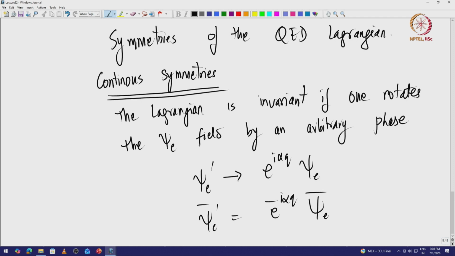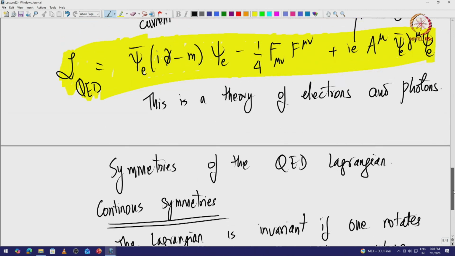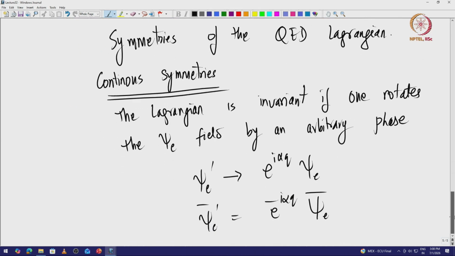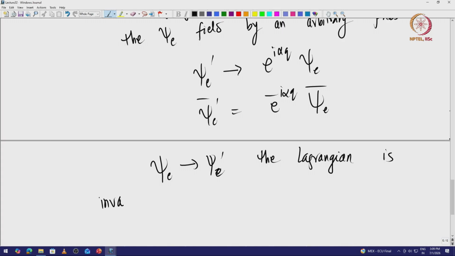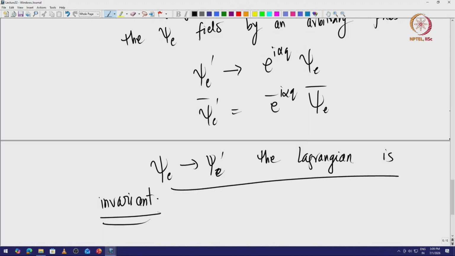Now, you see that immediately the entire Lagrangian is invariant under this transformation. So, if you replace psi E by psi E prime, the Lagrangian is invariant.